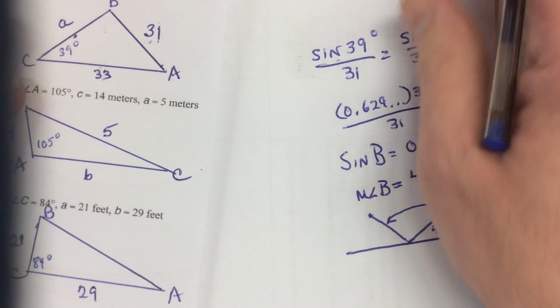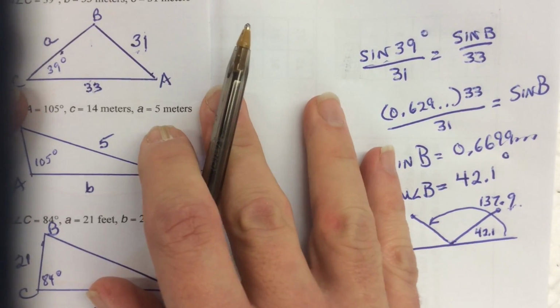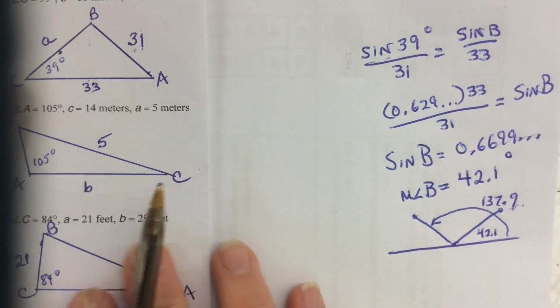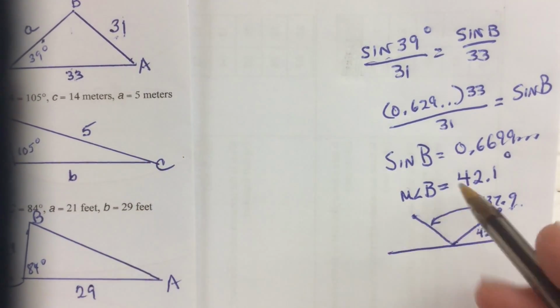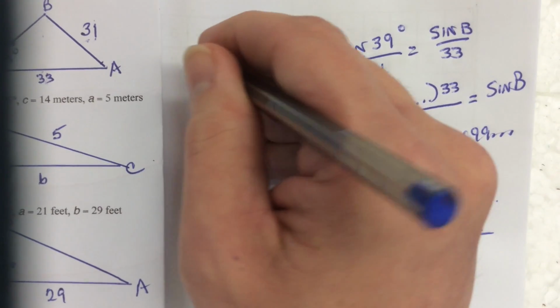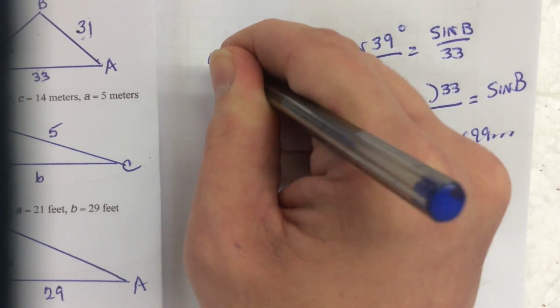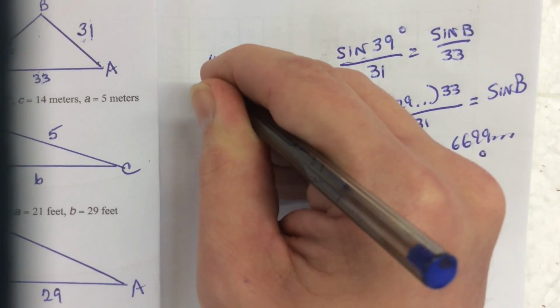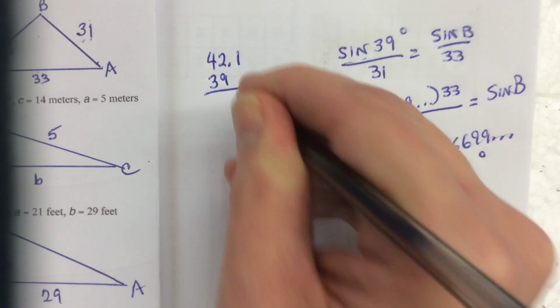Let's start with what happens if the measure of angle B is actually 42.1 degrees. Well, 42.1, and we already know C is 39 degrees.